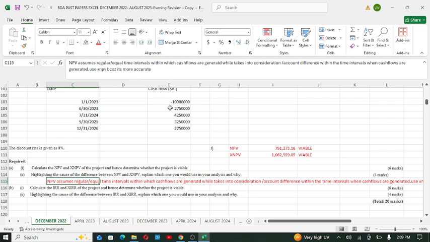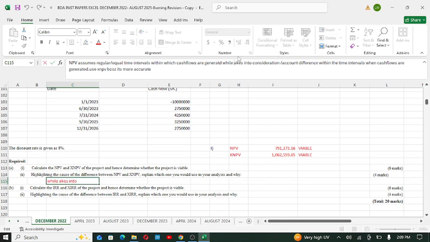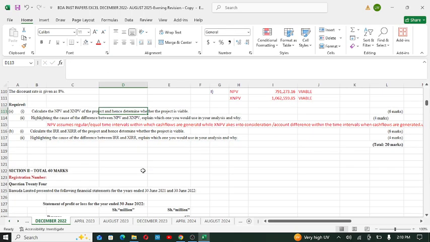NPV assumes equal time intervals in which cash flows are generated, while XNPV takes into account the differences between time intervals when cash flows are generated. So we will use XNPV because it's more accurate. Then you have your 4 marks.